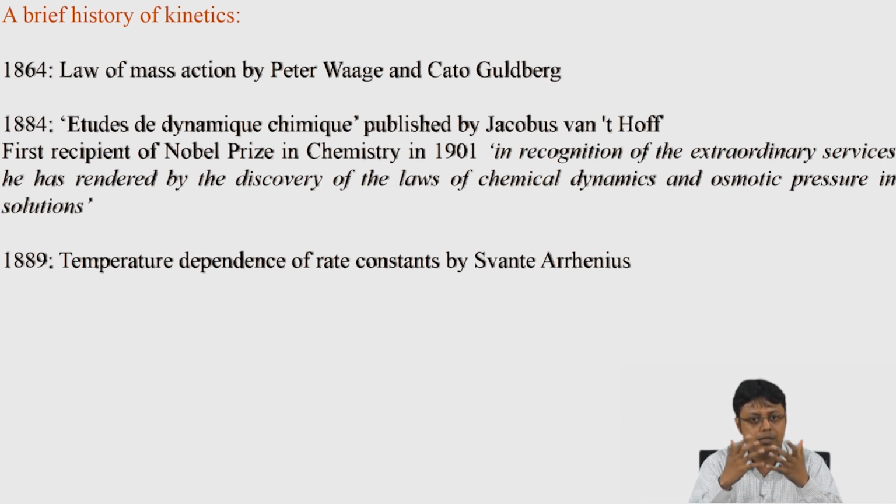He studied experimentally many reactions, and he was trying to find out how the rate constant of a reaction varies with temperature, and he came up with a phenomenological equation where he tried to explain the variation of the rate constant with temperature by introducing a concept known as the energy of activation.